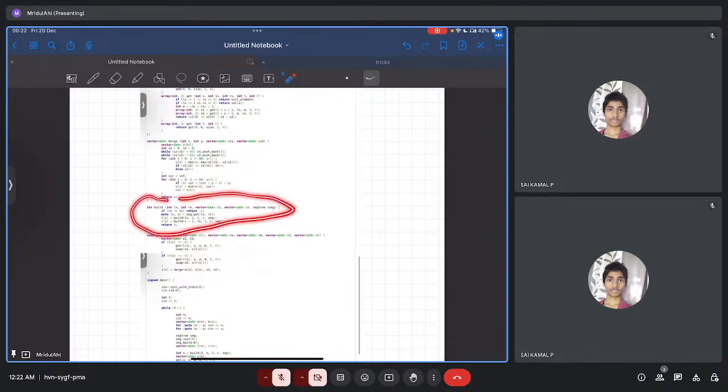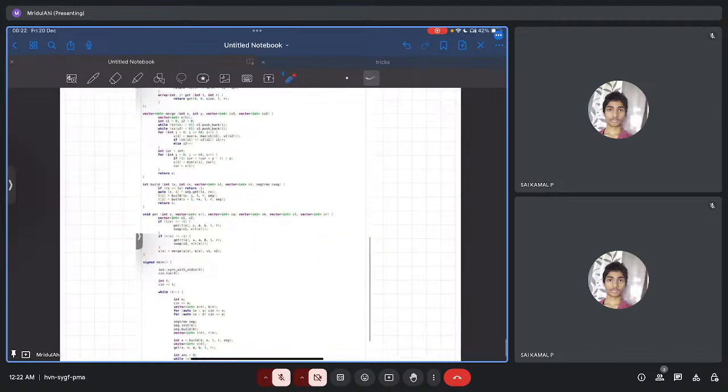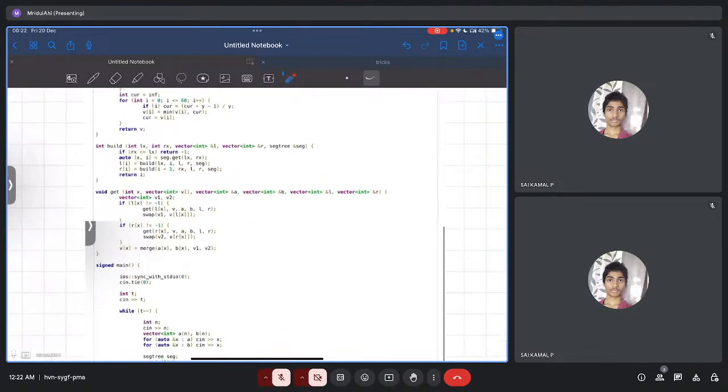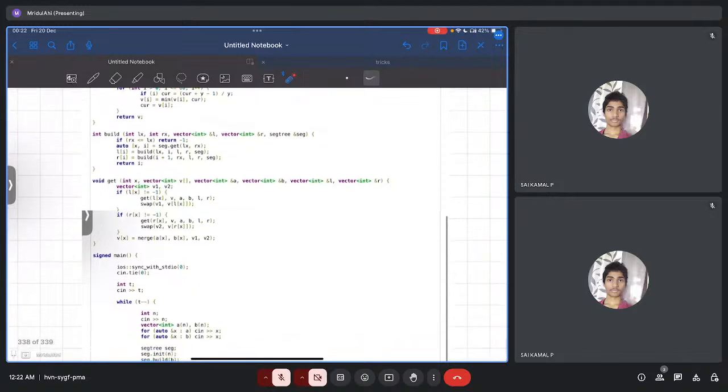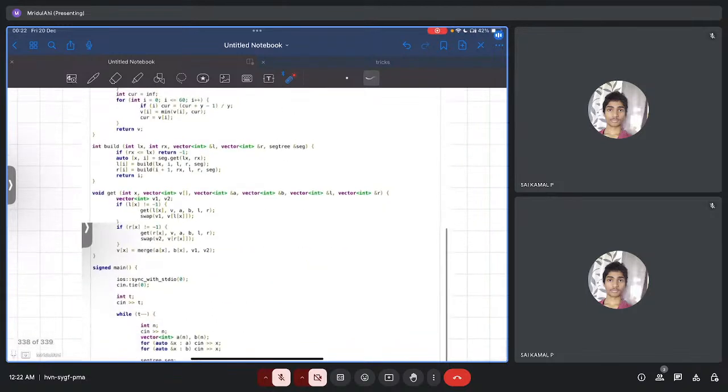This function makes that tree. Now this function merges two DP arrays. Sorry, this doesn't merge. This function iterates over the tree and gets the answer.